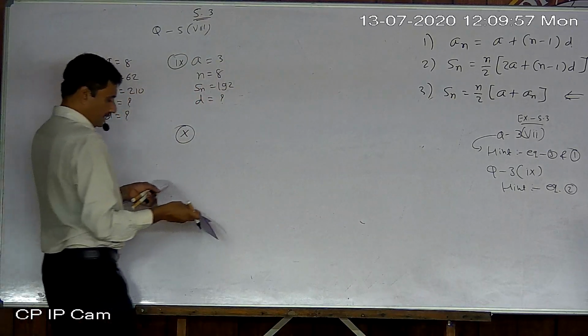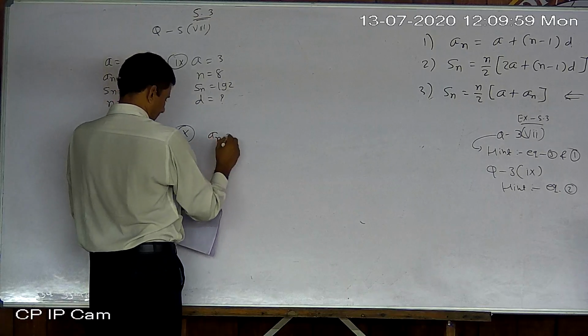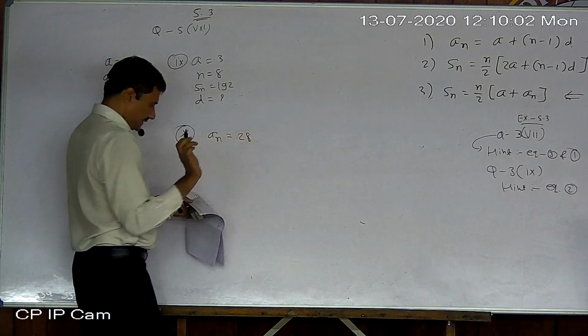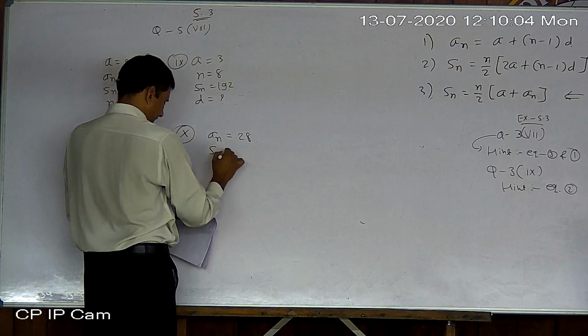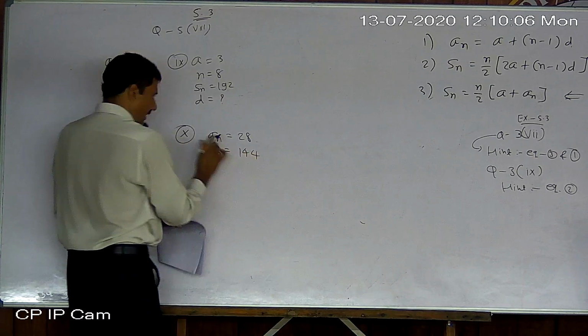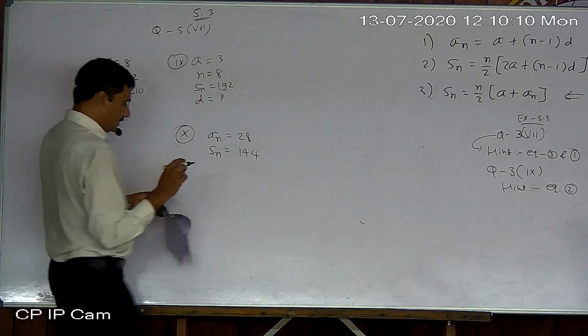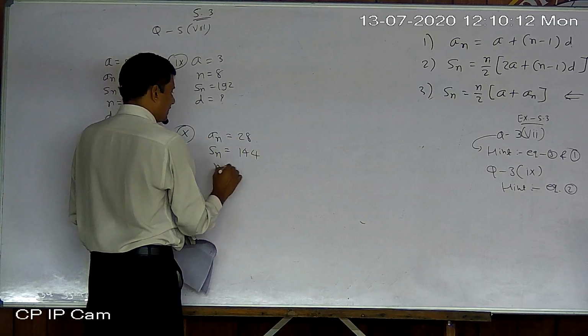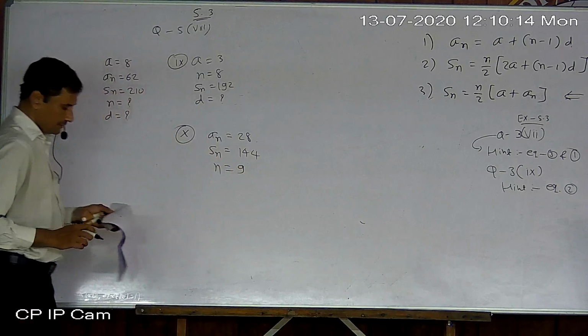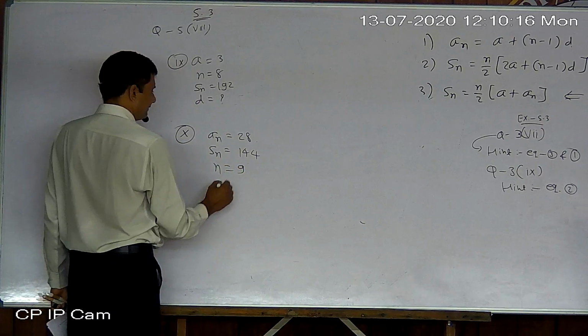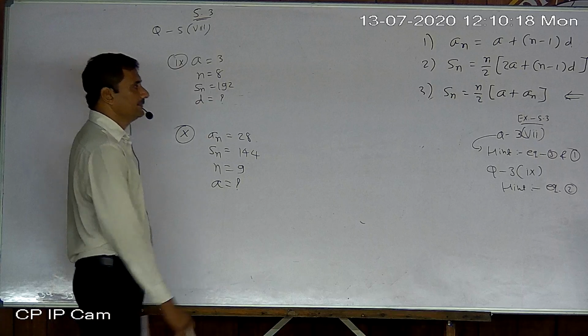Again l. l means nothing but a n. I said l, all that is equal. s means s n. Okay. l means a n, only s or s n both are the same. And there are a total of 9 terms, means n equal to 9. Find a. Okay.